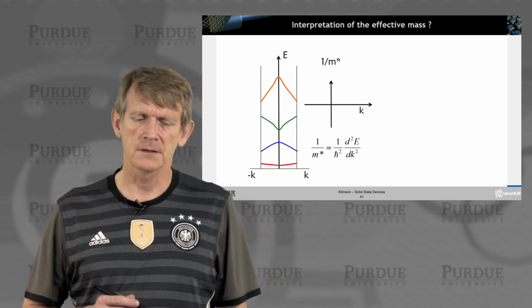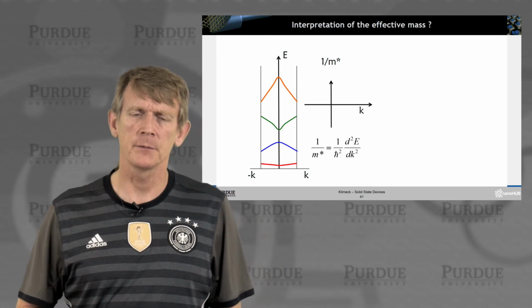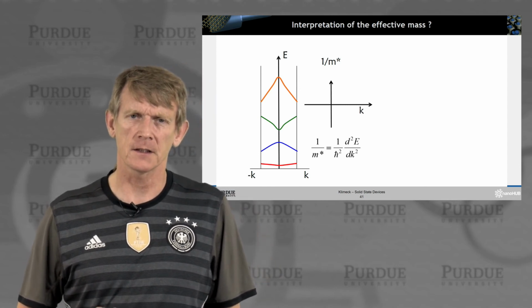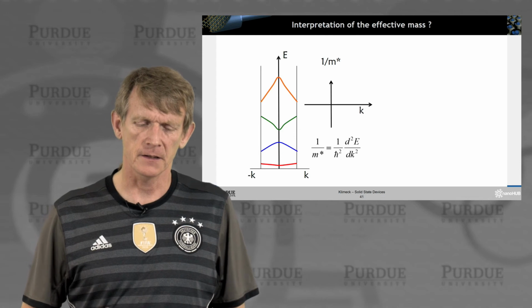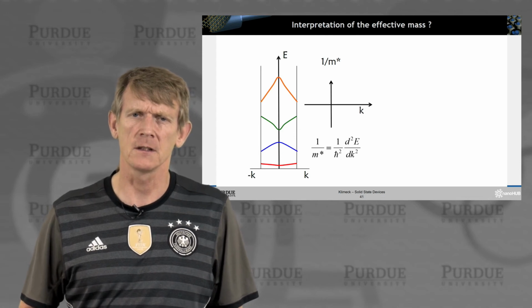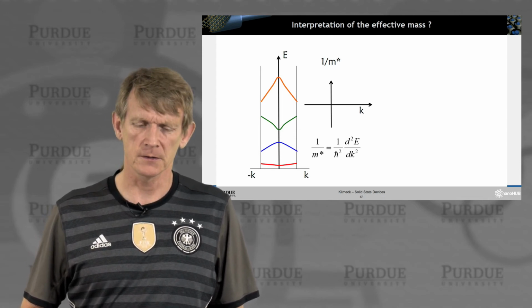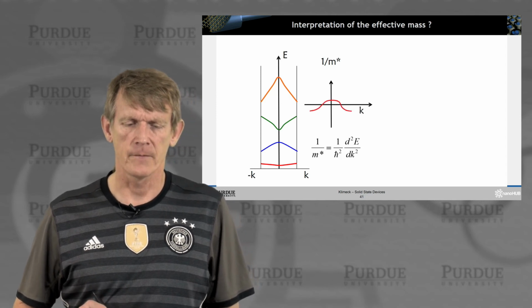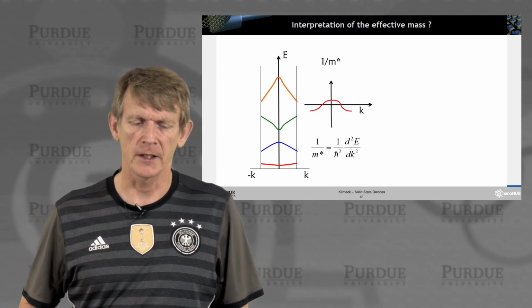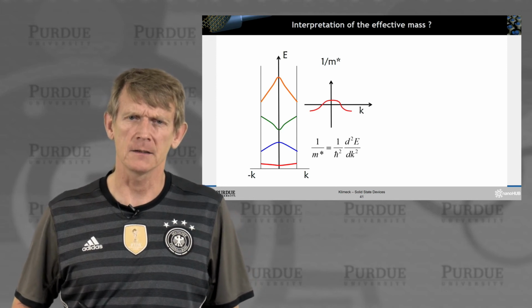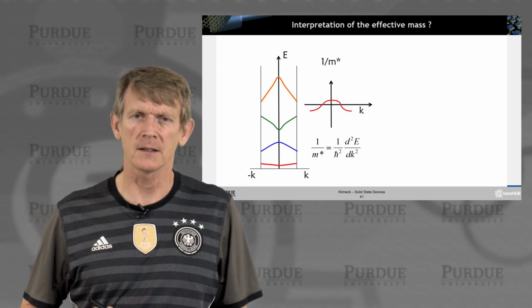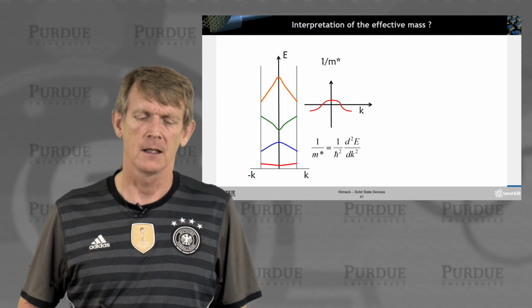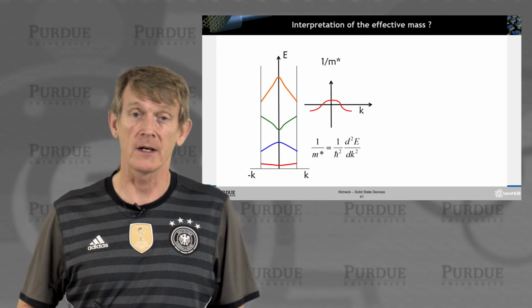So now let's reinterpret a little bit the effective mass in that context. We had defined the effective mass as the second differential over energy in these dispersions. And so we can take this differential, and already we had indicated that this effective mass inside a band changes its values.